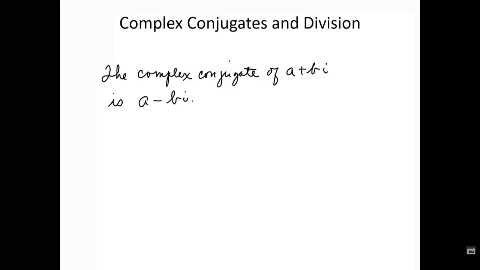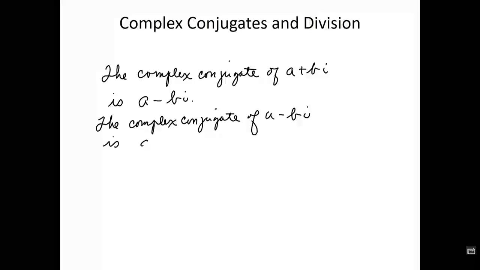And likewise, the complex conjugate of a minus bi is a plus bi.